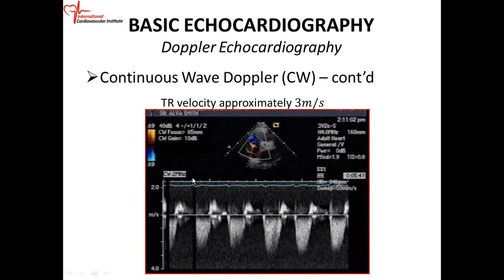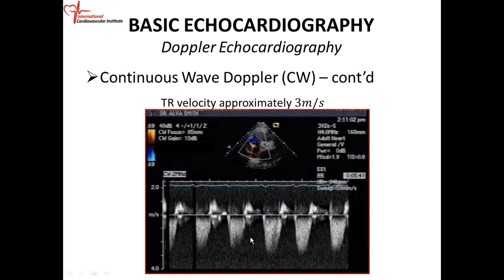Tricuspid regurgitation, the same thing. You remember this is our short axis across the aortic valve. The transducer is right there: tricuspid valve, right ventricular outflow tract, right atrium. Tricuspid regurgitation occurs when the right ventricle contracts in systole and the tricuspid valve, for some reason, is not competent, so blood flows back across the tricuspid valve into the right atrium.